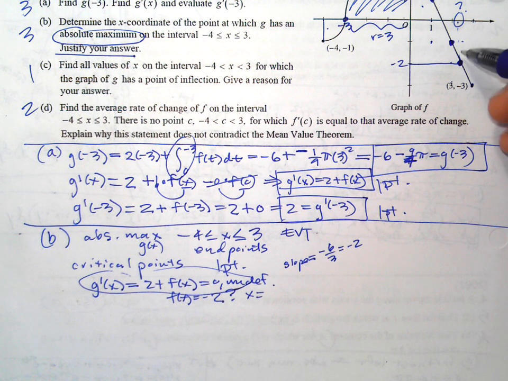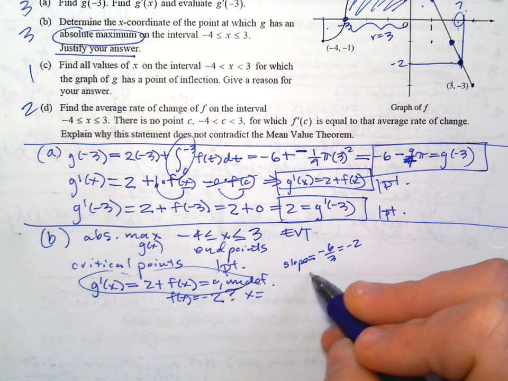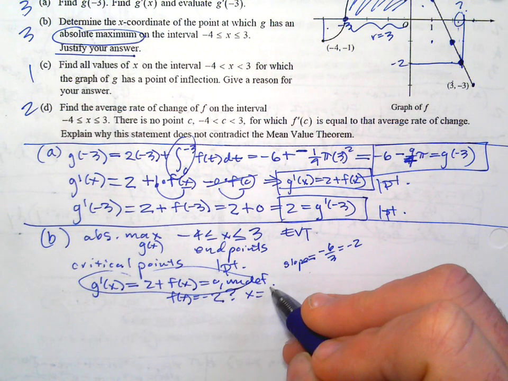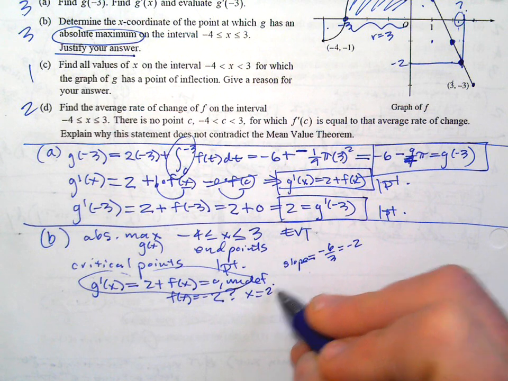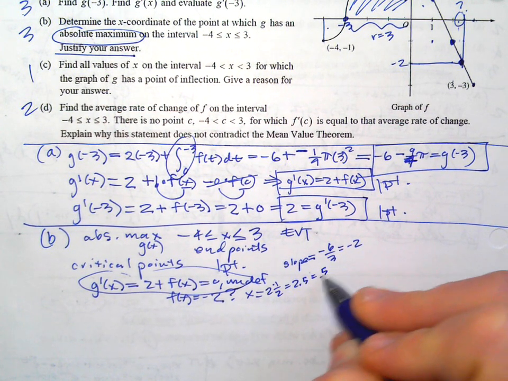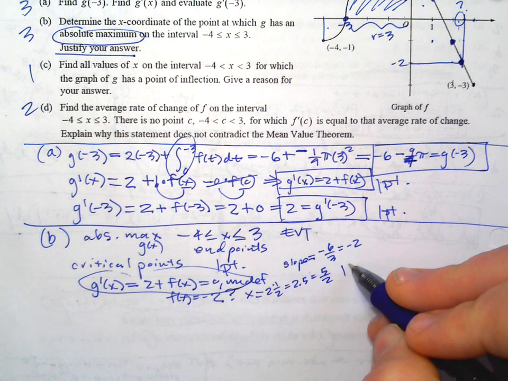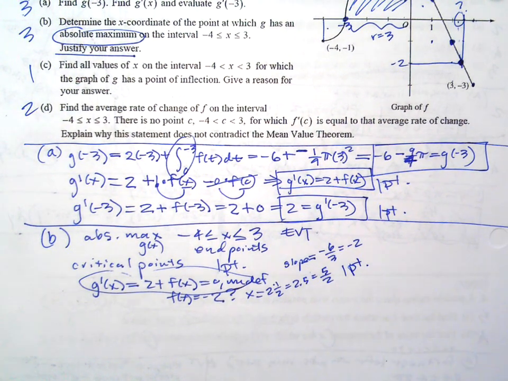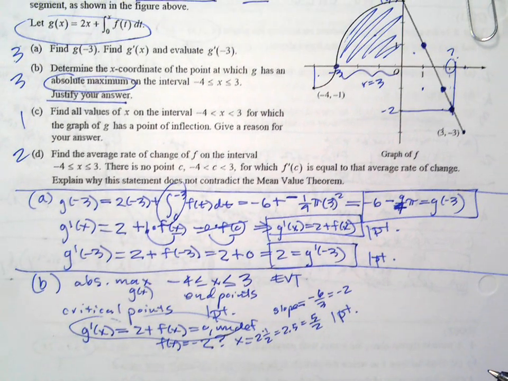So that's exactly halfway between these because of the slope. So that means that x equals 2.5, 5/2 based off the slope. That's worth a point. So that's tricky. Don't eyeball it. Use the slope. That's a straight line. Slope has to be maintained, right?